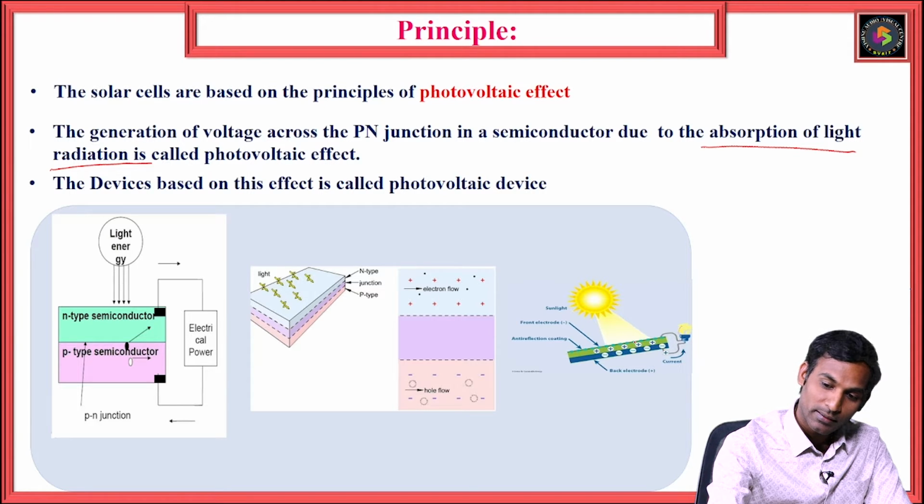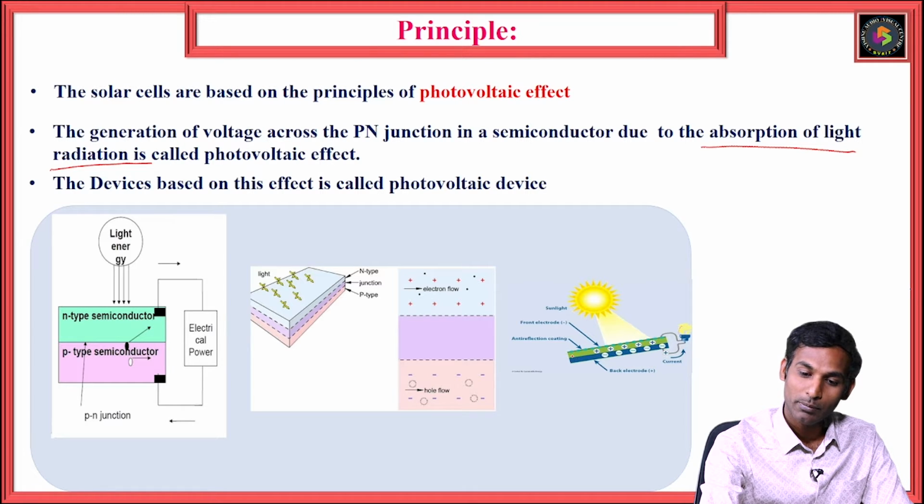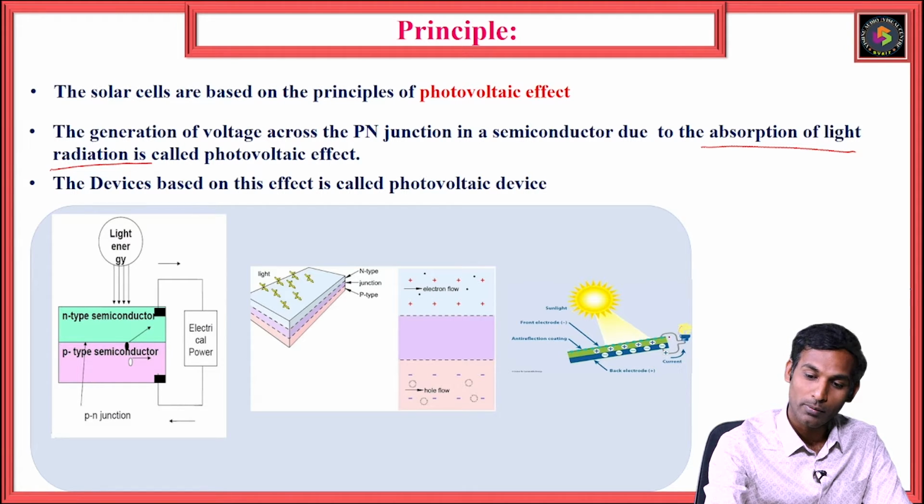From the construction point of view, you can see here that an anti-reflection coating is formed. The importance of the anti-reflection coating is to avoid the loss of the incident energy.